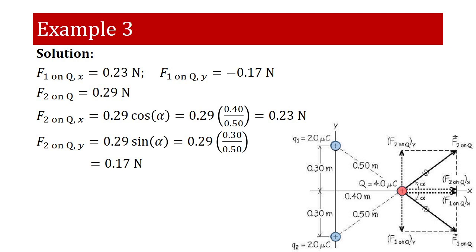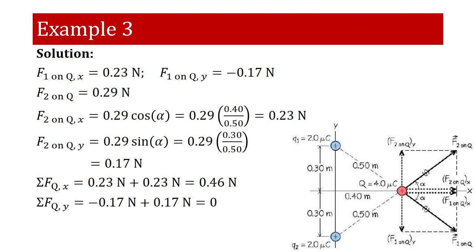So positive 0.17 newtons. Next thing to do is you add all the x components. So 0.23 plus 0.23 is equal to 0.46. While for the y components, you will also add, so negative 0.17 plus 0.17, you will get 0.